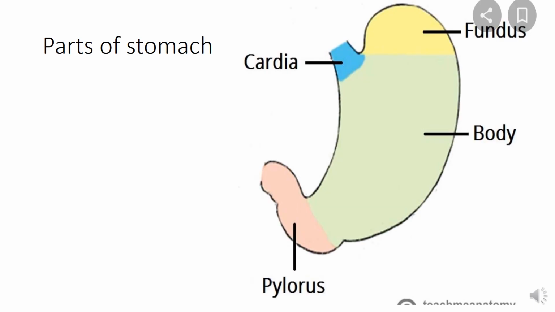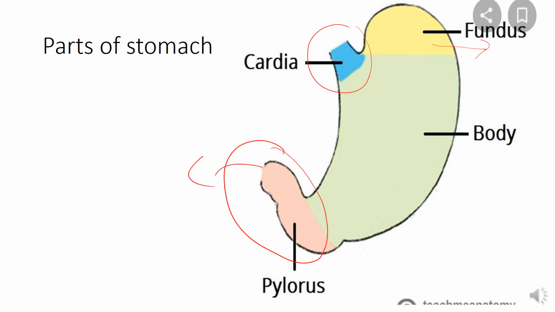So the parts of stomach again, as we know that grossly the stomach is divided into four parts: the cardia, which is continuous with the esophagus; the fundus, which is the dome-shaped part above the cardia; and then the body. And then the last part is the pylorus, which is continuous with the small intestine.